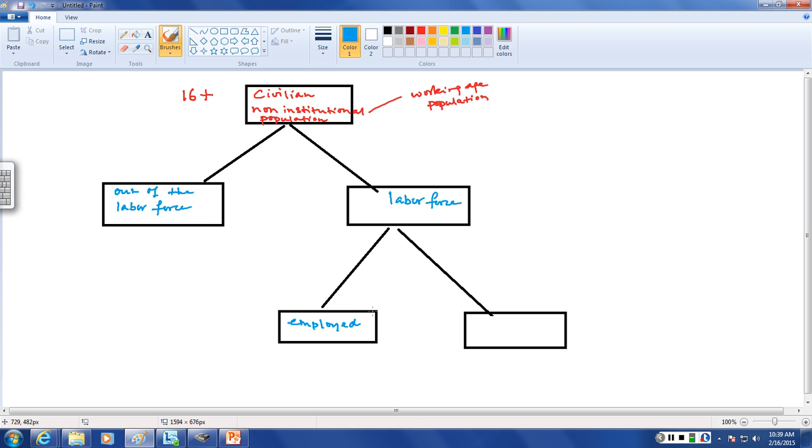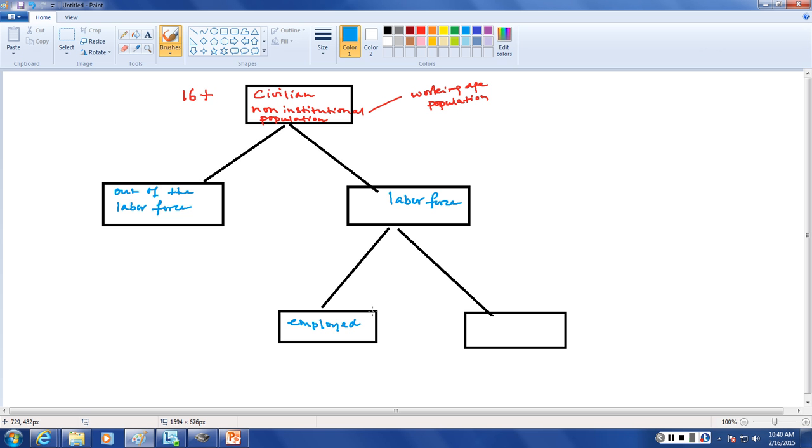How does the government figure out who is employed? The government has a very easy criteria. As long as you say you worked at least 1 hour in the preceding week for pay, just 1 hour, the government considers you to be employed. You follow me?